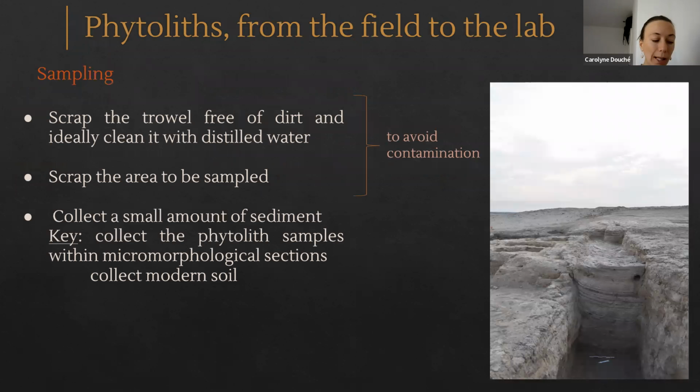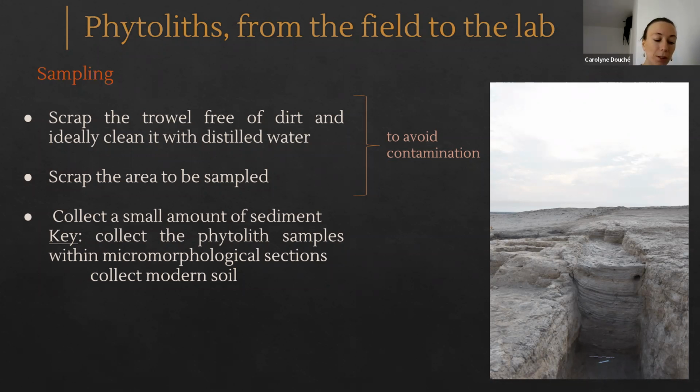So collecting samples for phytolith is quite easy, because you basically just need a clean tool and a Ziploc. But it is important to keep in mind that in order to produce a qualitative result, the best is to be able to compare natural and anthropogenic soil.